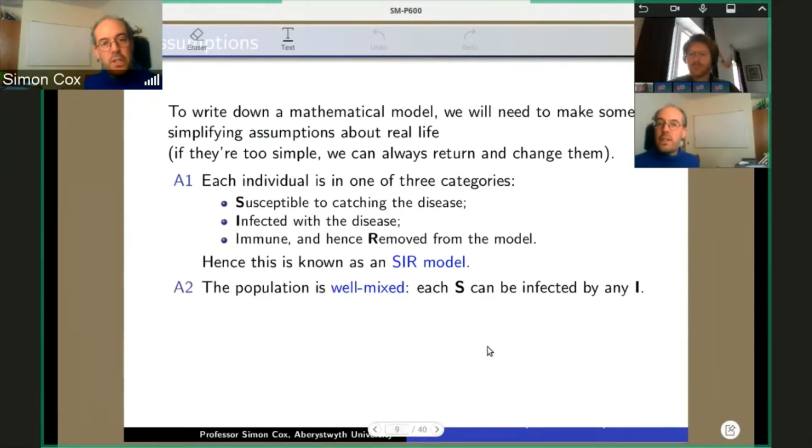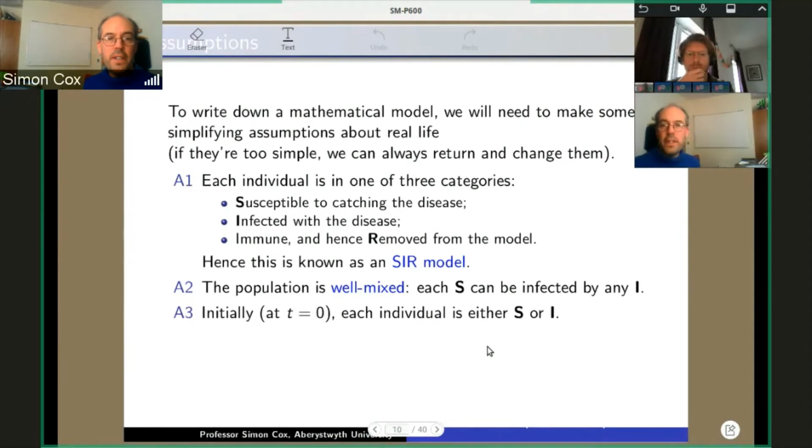The second assumption that will make the mathematics easier is that the population is well mixed. That is, any susceptible individual can be infected by any infected individual. And then the third and final assumption is that at some initial time, t equals 0, each individual is either susceptible or infected.